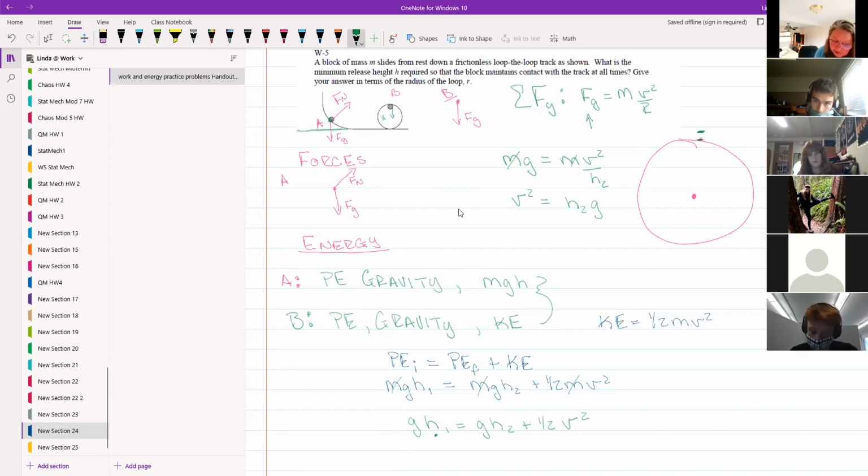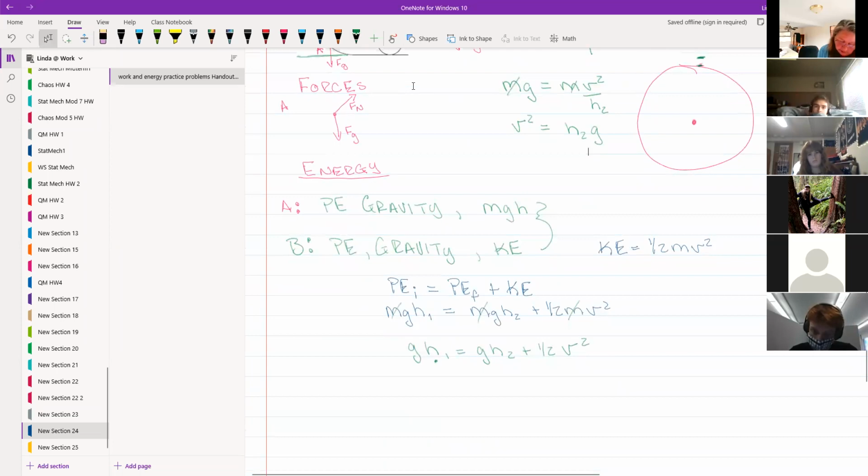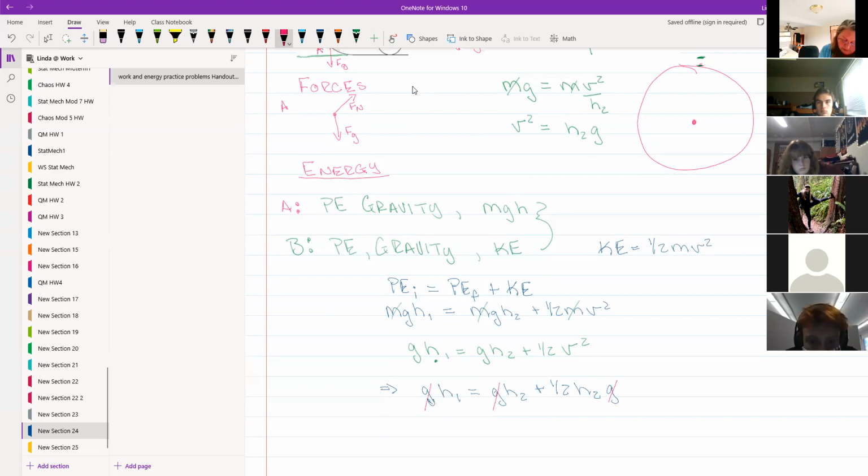Okay, so I'm going to make that substitution. Then I get gh1 equals gh2 plus 1/2 times h2 times g. And then I get all excited because something else cancels out. Gravity. What? So this whole thing simplifies down to h1 equals, let's see, I have 1 plus 1/2, so 3/2 h2.